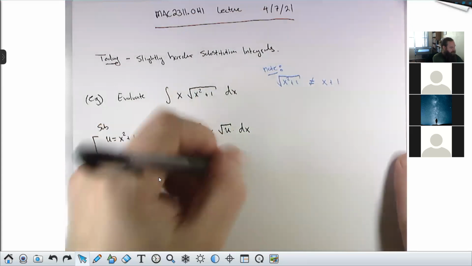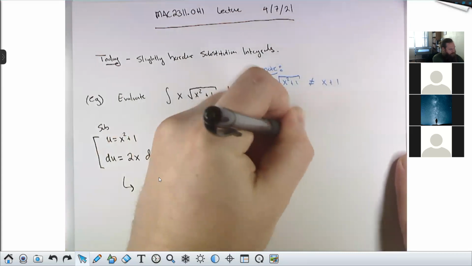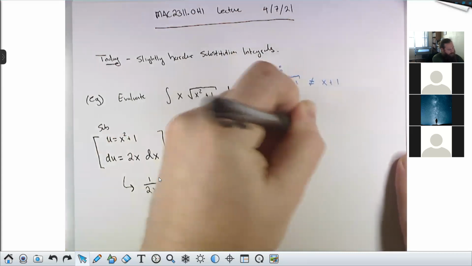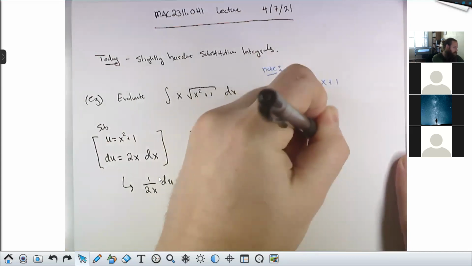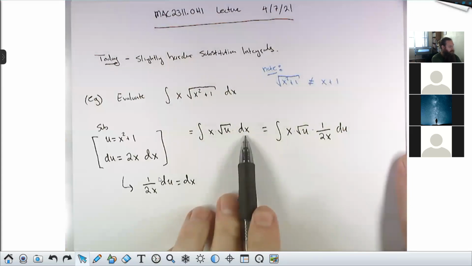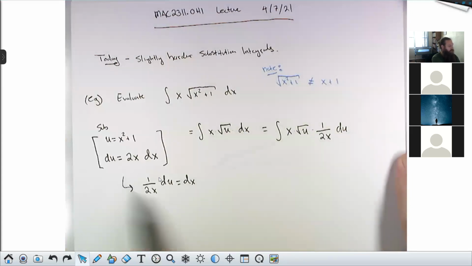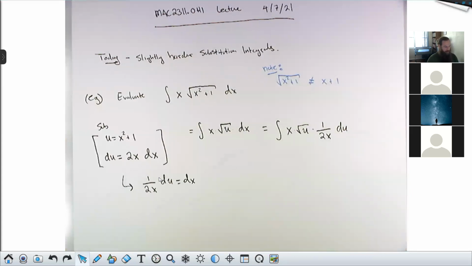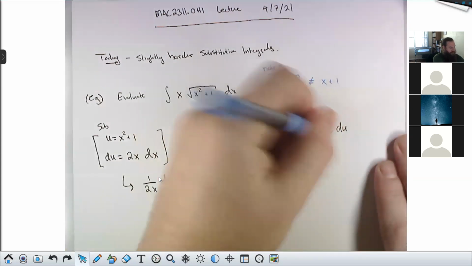Which means that my integral here is going to become, and I'll continue writing all these terms, x square root of u times 1 over 2x du, right? This dx is 1 over 2x du. That's what we found here. And lucky us, this x and this x cancel.